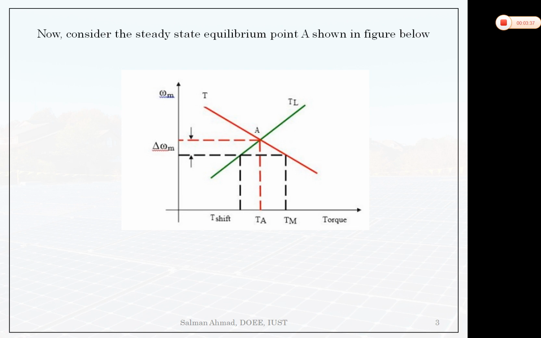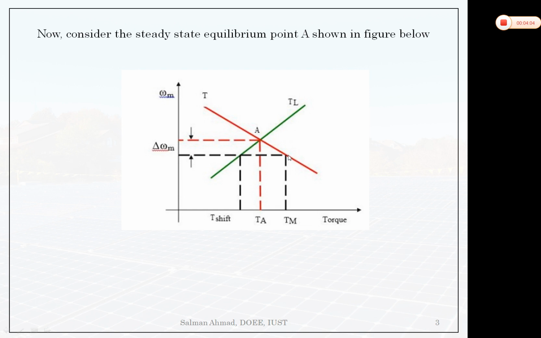First we decrease the speed. Suppose we decrease the speed by delta omega m, so the speed is now decreased to this. You can see that if we decrease the speed, the motor torque will be this Tm, and the load torque will be this TL.